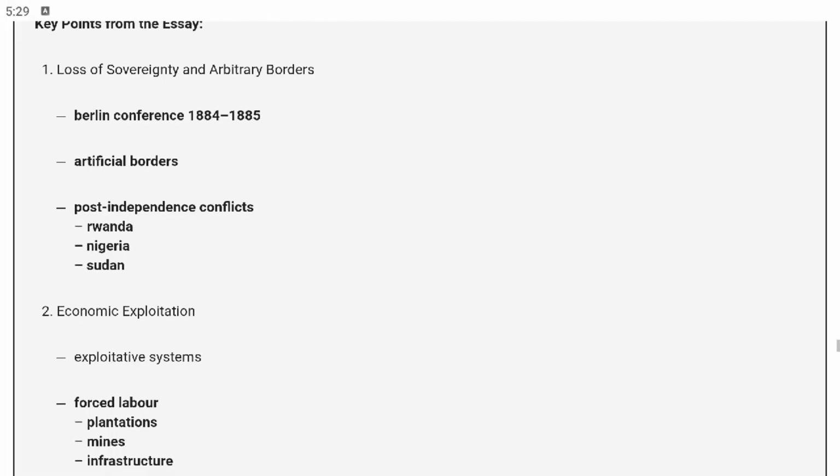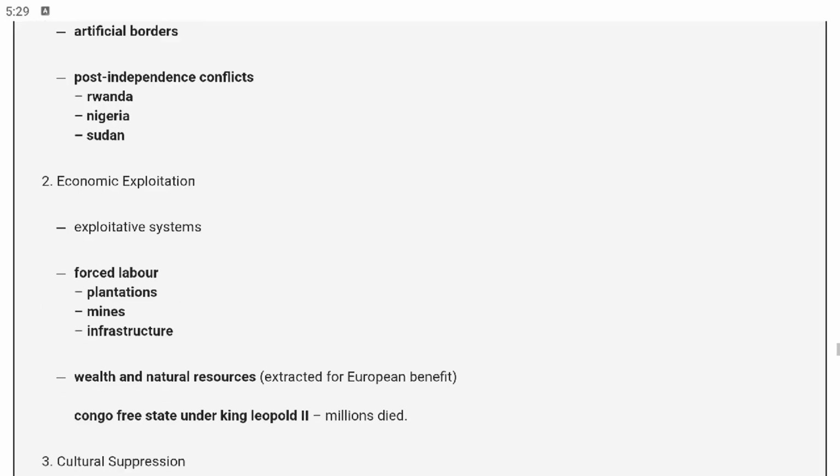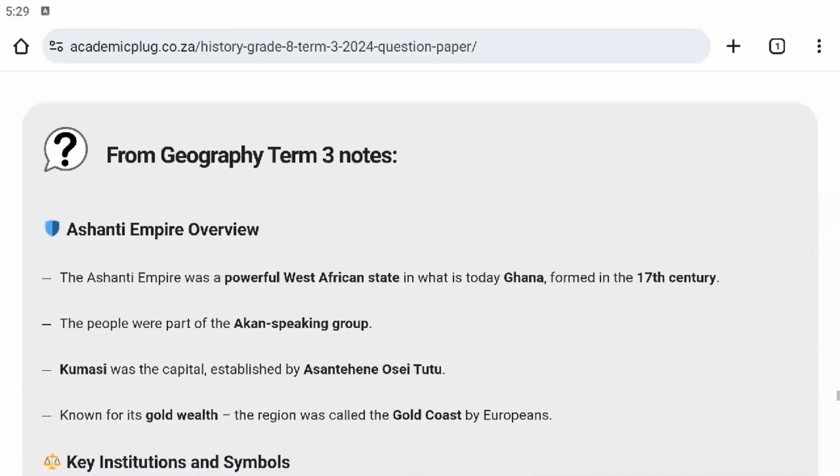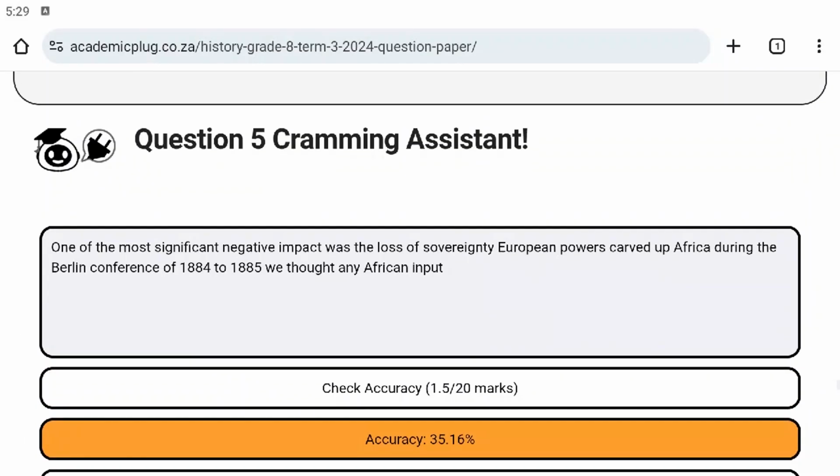The Berlin Conference 1884. And because for this one, how many marks was it? 1.5. So 1 mark was for Berlin Conference, and half a mark was for this 1884 to 1885, right?